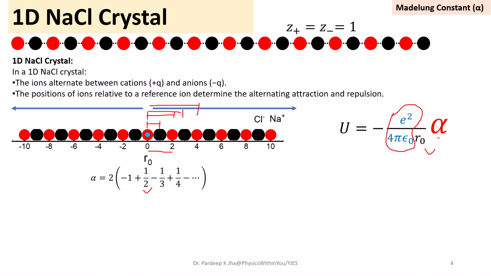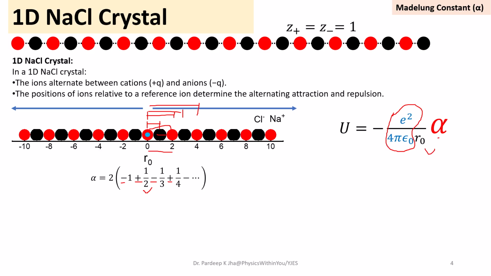Depending on the signs, plus, minus, plus, minus. When this is minus and this is plus, the product is minus. This plus combines with this plus, then it's a plus. So it's minus, plus, minus, plus, an alternating series.